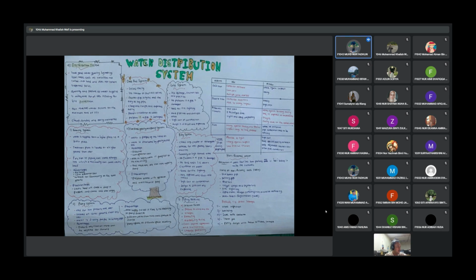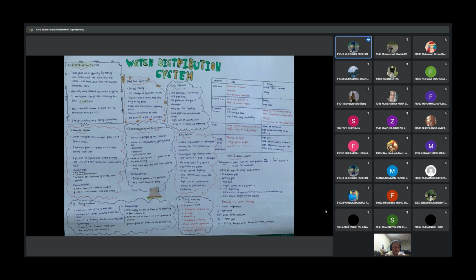Okay, next subtopic is water distribution system. We have a distribution system, and the small topics are the gravity system, pump system, combined gravity and pump system, grid system, and ring system.